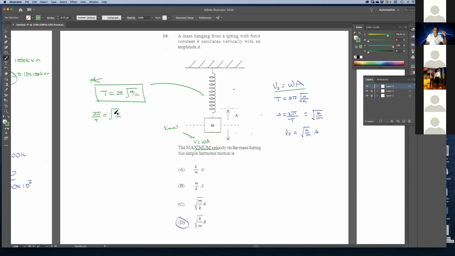Cross multiply again, right? k over m. And this 2 pi on T is your omega. Omega is equal to root of k over m. Since we know v is equal to omega A, I can replace this omega with this, and we end up with this, meaning the answer is that.